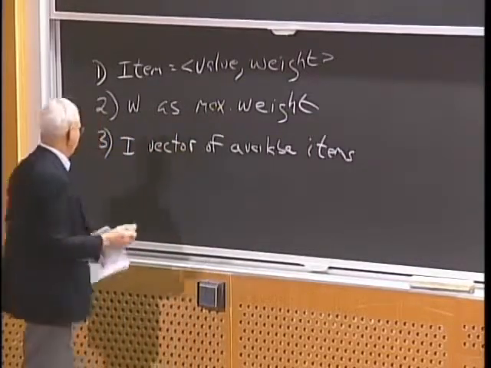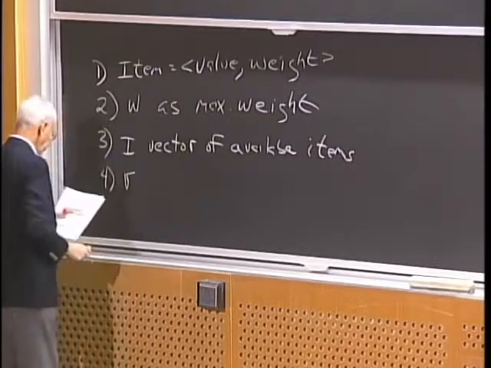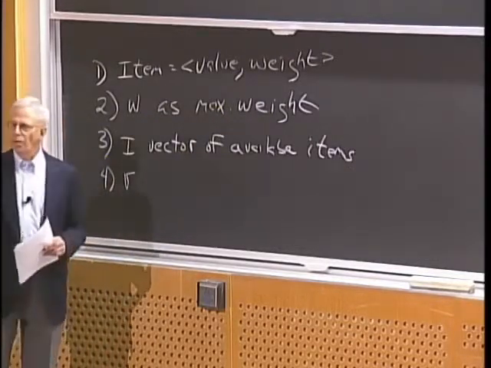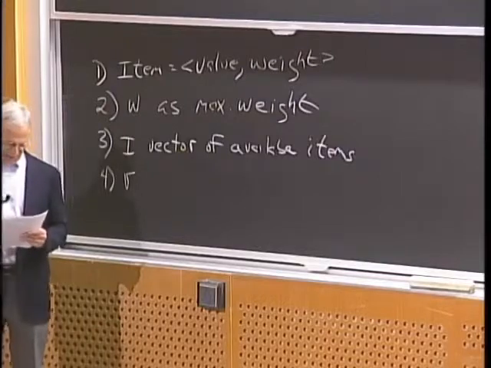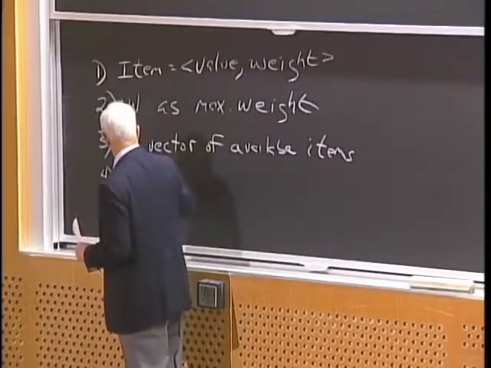And then we'll have another vector, V, which indicates whether or not each item in I has been taken. So V is a vector.